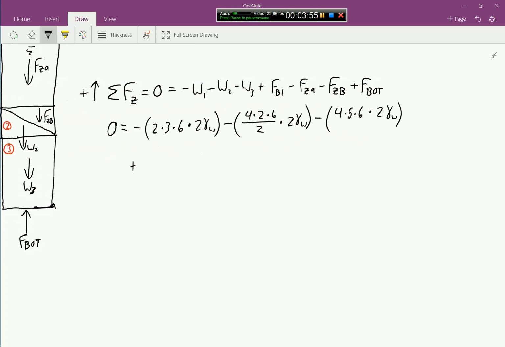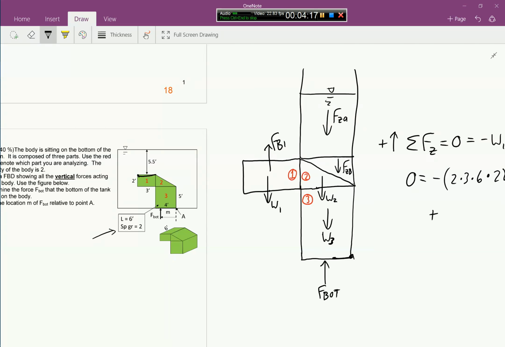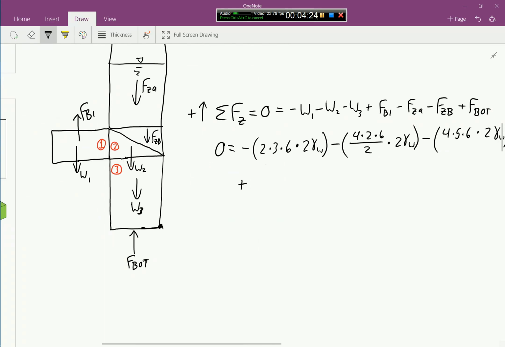Now we have plus FB1, which is the buoyancy force on 1, which is going to be the volume displaced, V with the line through it, times the specific weight of water. This volume displaced in this case is just going to be the volume of body 1. So we have the volume of 1, which is again 2 times 3 times 6 times gamma water.